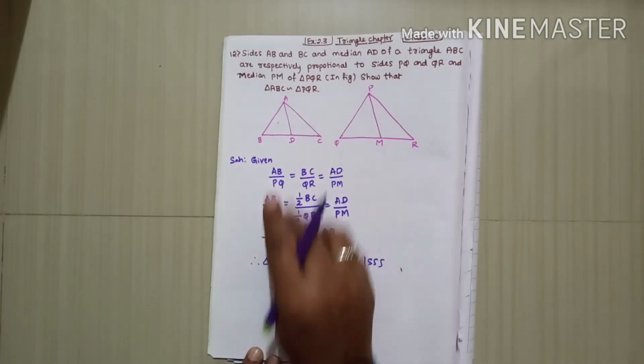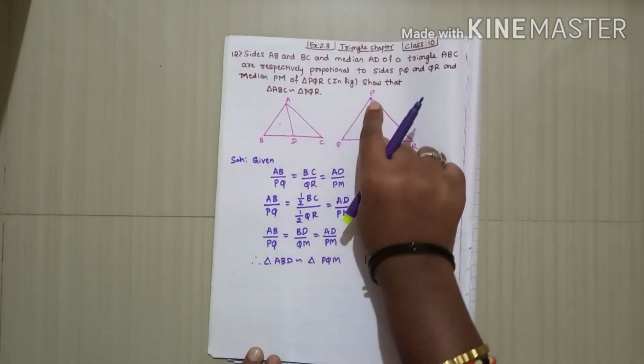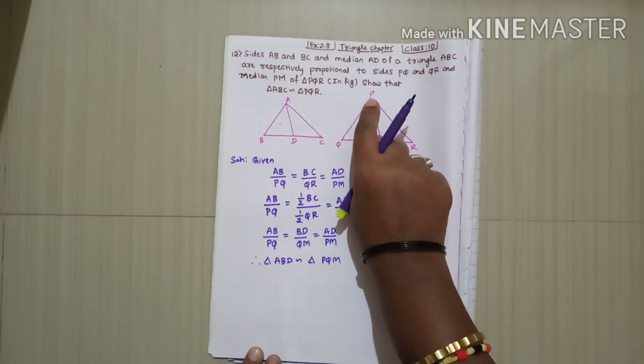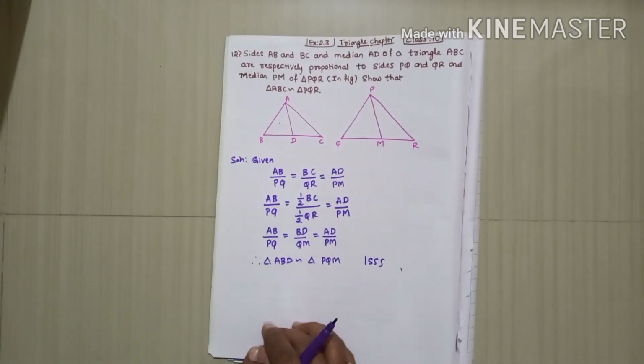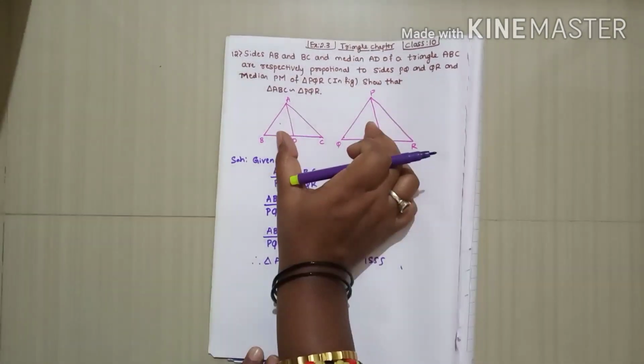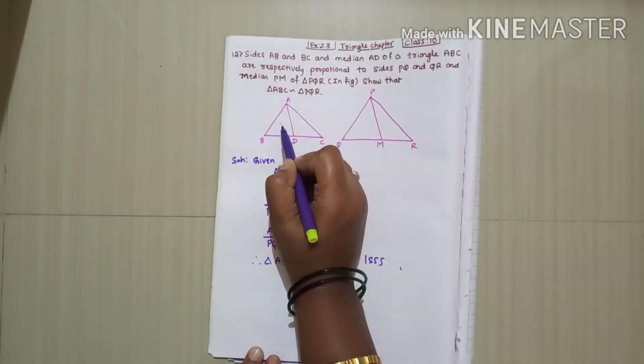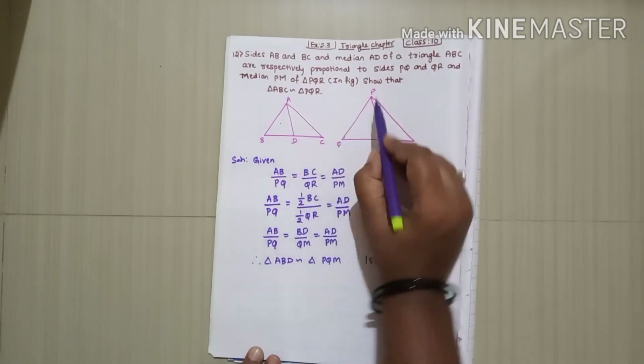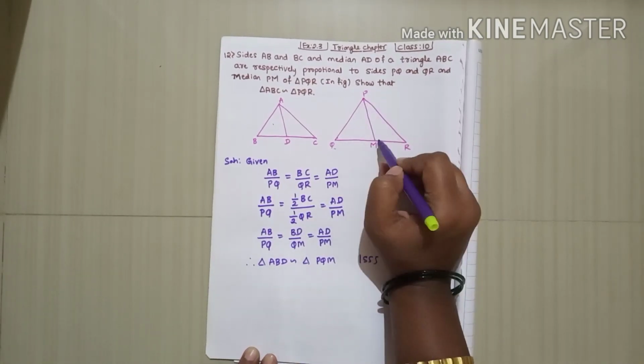All three sides of triangle ABD are proportional to all three sides of triangle PQM, so we can say these two triangles are similar. If these two triangles are similar, all three angles of triangle ABD are equal to all three angles of triangle PQM.